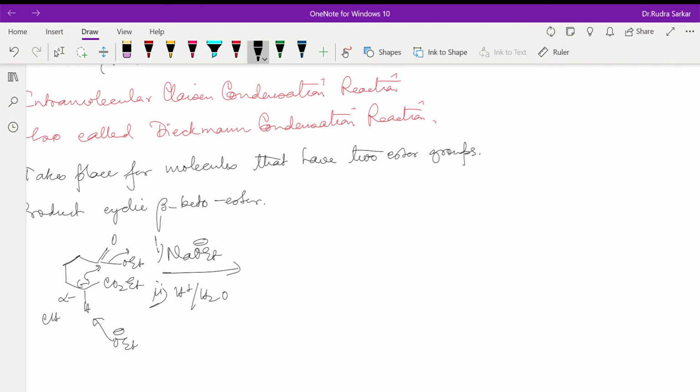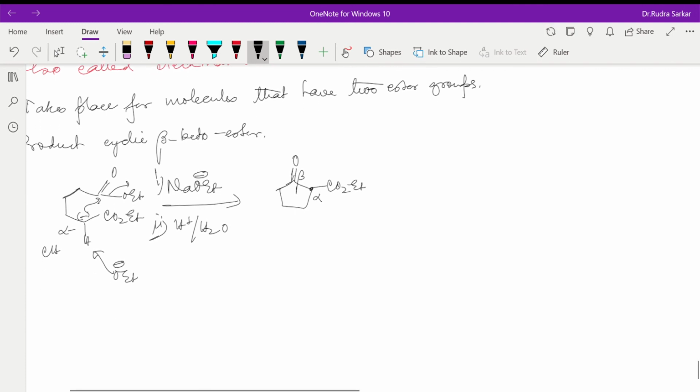So now that means a 5-membered ring will be formed. We'll do the mechanism in detail, don't worry. So this is your alpha and this is your beta, so this is your beta keto ester.